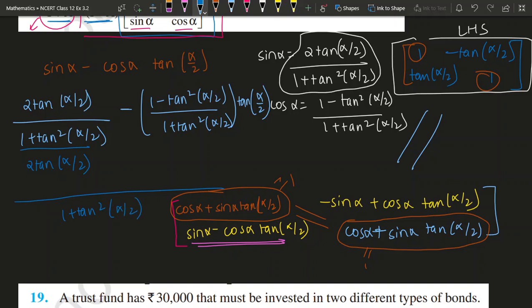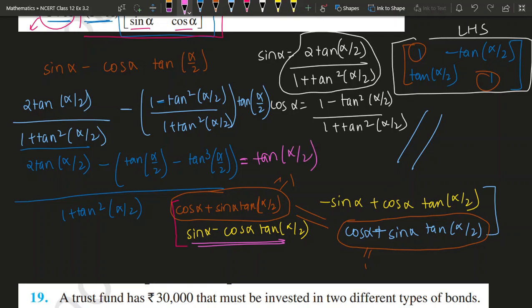So 2 tan alpha over 2 minus tan alpha over 2 plus minus again, so it's just the minus sign. I have not removed the brackets yet. Minus tan cubed alpha over 2. And if you do the math, if you simplify this further, you would come at tan of alpha over 2.